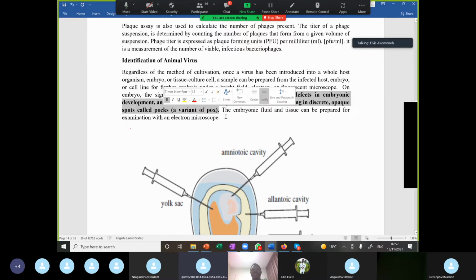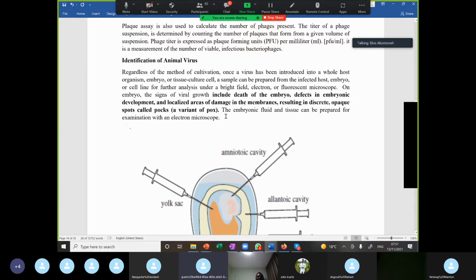defects with growth of the embryo. We could observe damaged areas on the membranes of the embryo, and this damaged area could result in discrete opaque patches on the embryo, and these discrete opaque patches are called pocks.